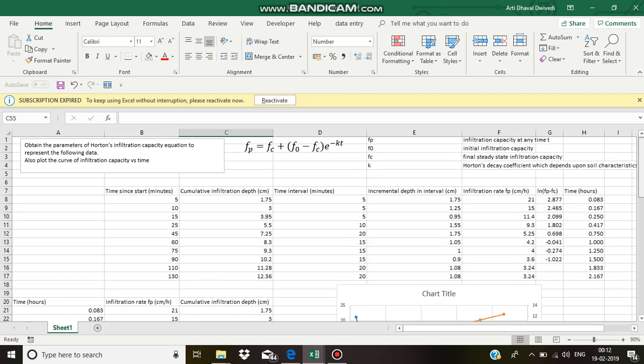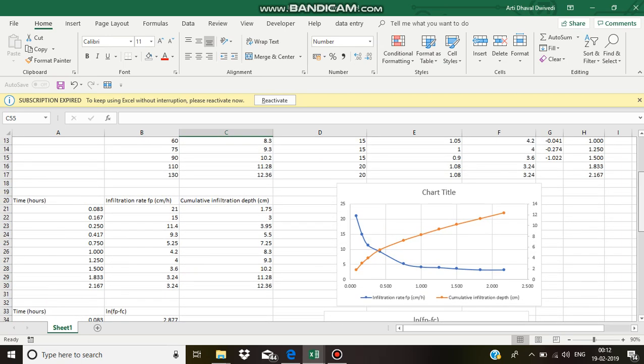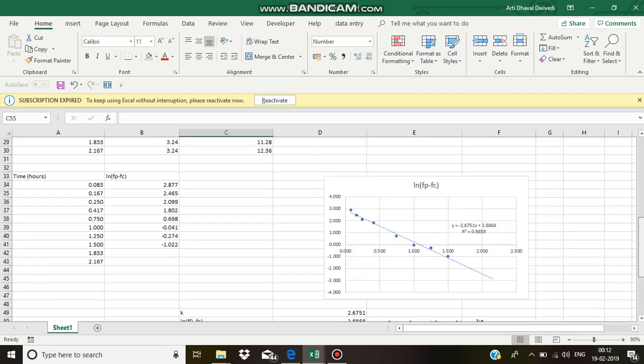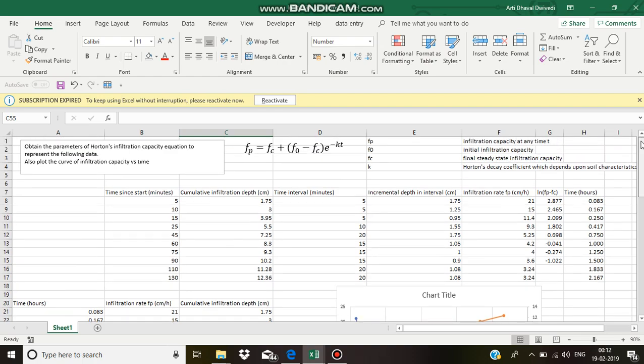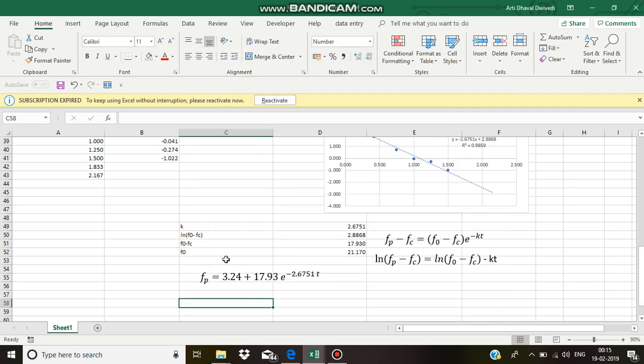So Fp is equal to 3.24 plus 17.93 e raised to minus 2.6751 into t. This is the final Horton's infiltration equation. Fp is equal to 3.24 plus 17.93 e raised to minus 2.6751 into t.